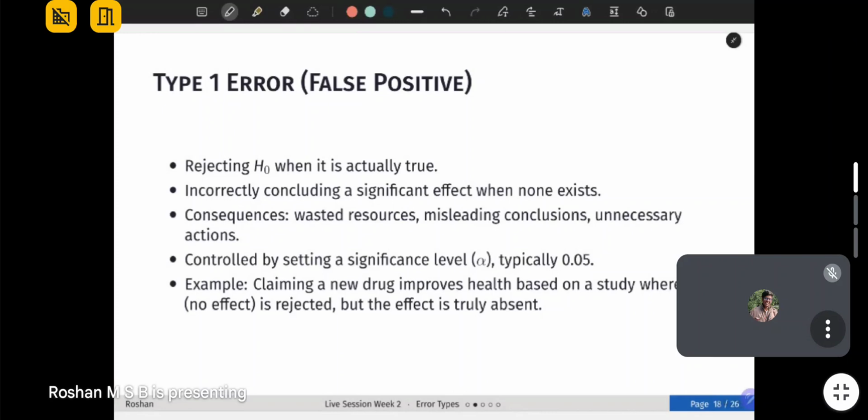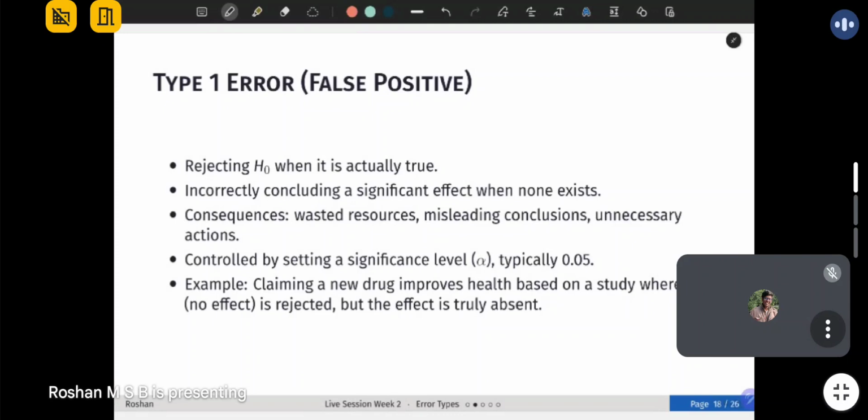And what does this mean downstream? You are rejecting the null hypothesis when it is actually true, so you are coming to an incorrect conclusion, saying that the new treatment or newer drug has a significant effect, but in actual reality, it does not have any effect, according to the null hypothesis.